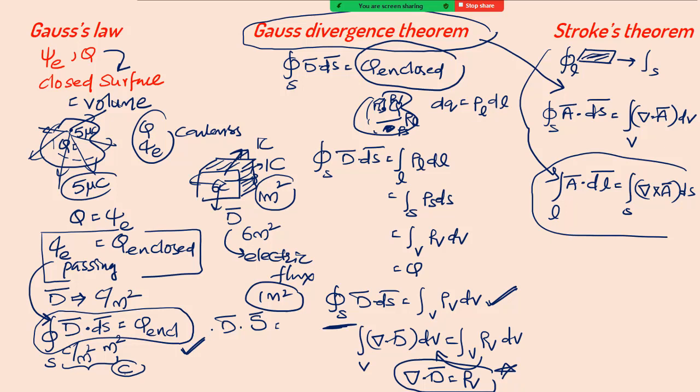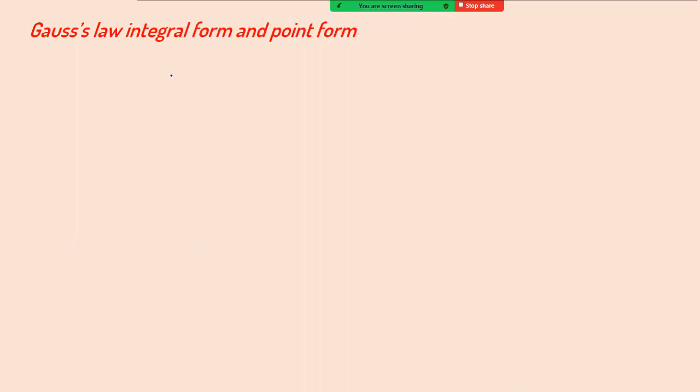Okay, so just now I told about this, and I will write all the equations in one place. Generally, Gauss law means you can start like this: net electric flux passing through any closed surface is equal to the charge enclosed by that closed surface. This itself is the Gauss law. Afterwards, we are just changing the form.